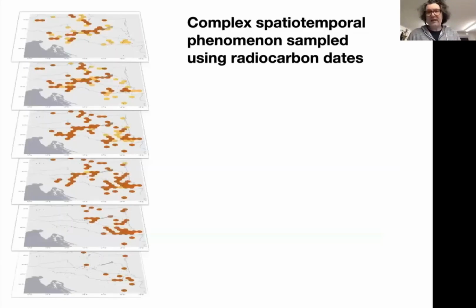So in this case study, we treated the Neolithic as a kind of complex spatio-temporal phenomenon, which we sampled using radiocarbon dates. We took the radiocarbon data from the area as a sample of this process, and we tried to see the pattern and the process within this data.